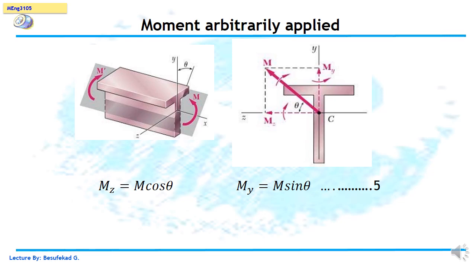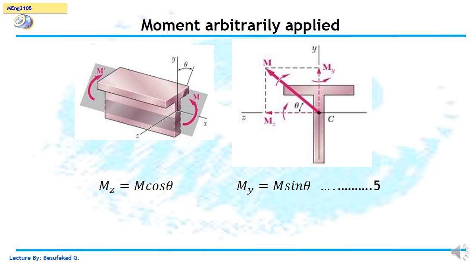So for this, how do I write the stress expression? Well, using My over Iy, right? And what is the distance of the point that I consider? From where? From the y axis. So this is equivalent to, let me say, z.